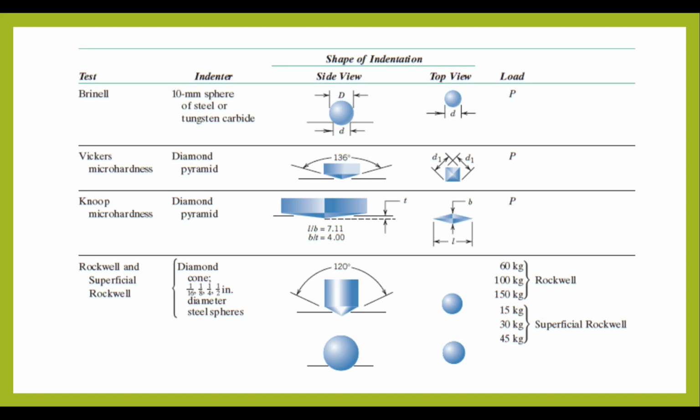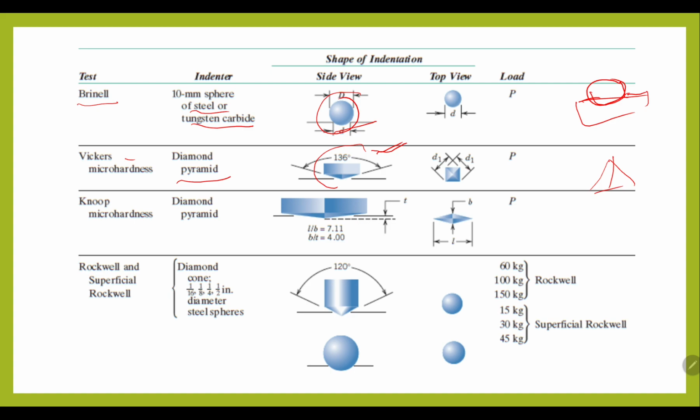These are the different kinds of indenter we use for the hardness test. The first one is called Brinell. In this one we use a steel or tungsten carbide sphere, and we indent the ball in this fashion and check the dimension of the indent to get the hardness value. Similarly, in Vickers hardness, we use a diamond tip in a pyramidal shape, and the angle between the pyramid sides is 136 degrees.